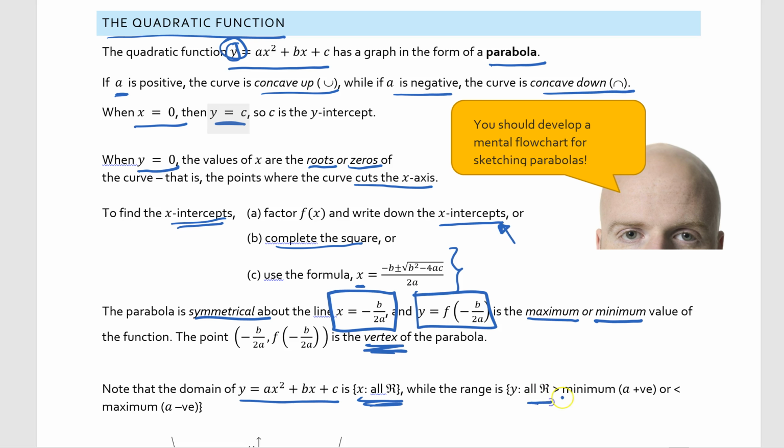So it's all real y which are greater than the minimum, or that actually should say greater than or equal to if a is positive, and less than or equal to if a is negative. So you might change those in your notes. They should be greater than or equal to and less than or equal to.